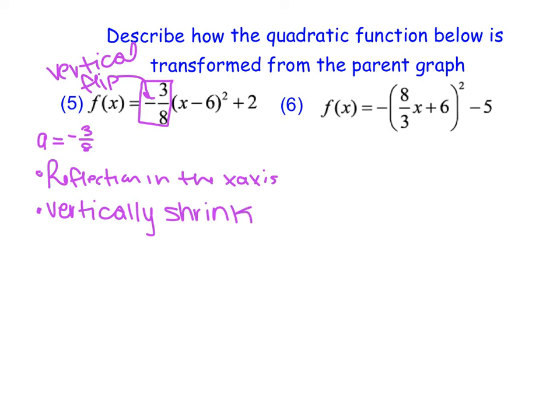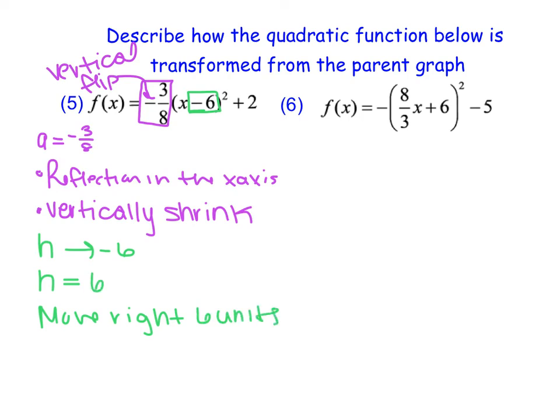Then if I move on and I look at this value here, this -6, I know that this -6 relates to my h value. And remember that my h value works the opposite of the value that's in the problem. So here my h value is really going to be a +6 because it's going to move the graph to the right 6 units.